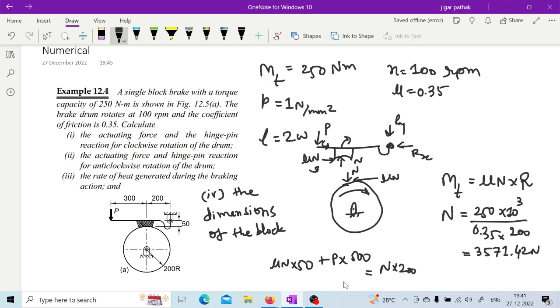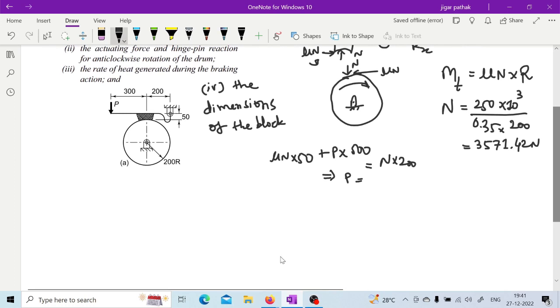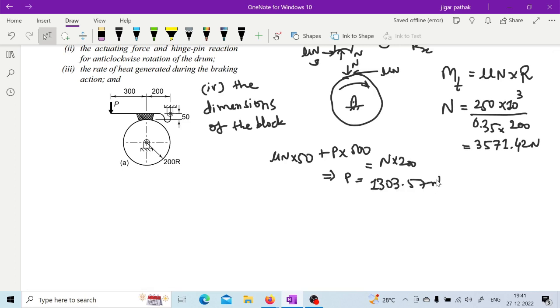Yes, sir. So this will give you the force P. So what is P? It is 1303.57 Newton. Now once you have this, then you can calculate this Rx as mu N and Ry as N minus P. So you have mu, you have N, right?